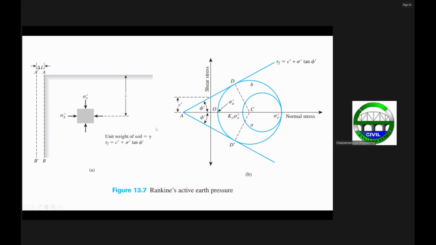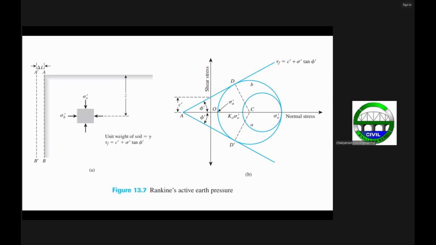Now, considering the active state, initially, if the soil is at rest earth pressure condition, then that is symbolized by this circle A here. In circle A, the coordinate on the abscissa is sigma sub O prime, your vertical overburden stress.